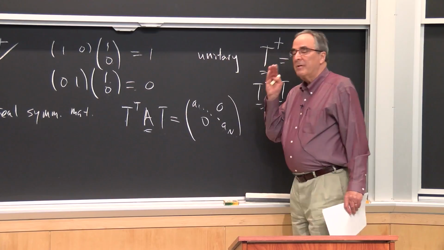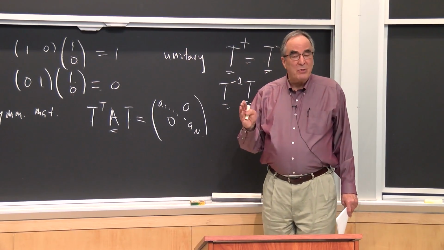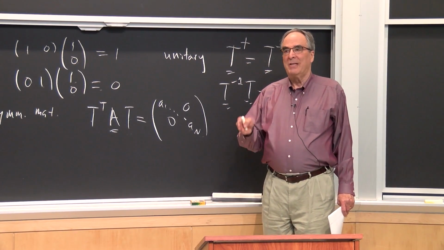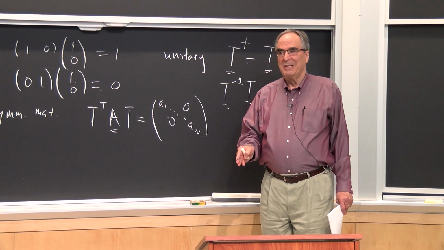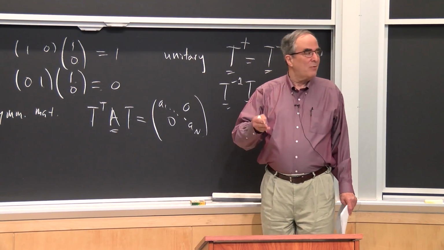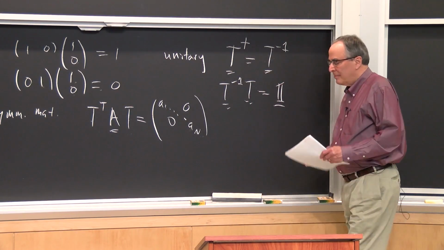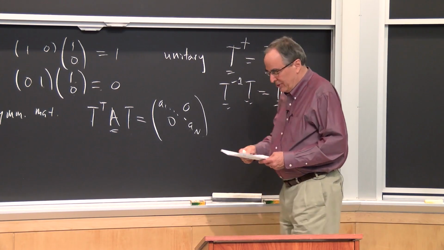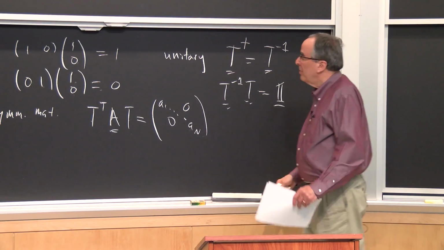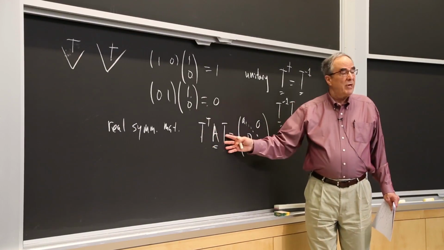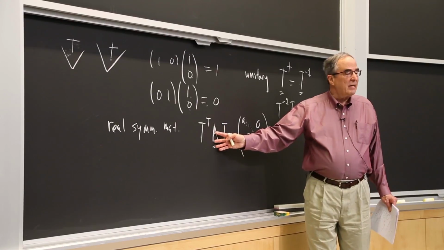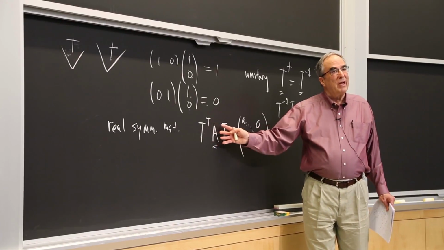Now, in most of the books that you'll ever look at about unitary transformations, they actually are giving you what's called the orthogonal transformation. And it's what works for a real matrix. And I'm going to do that too. So when we have something like this, we say that this transformation diagonalizes A or H or whatever.